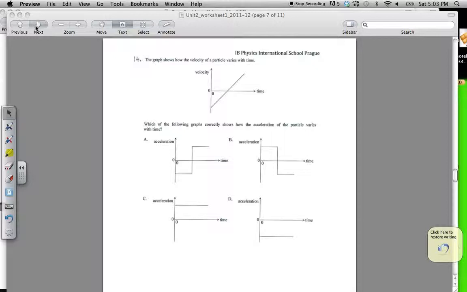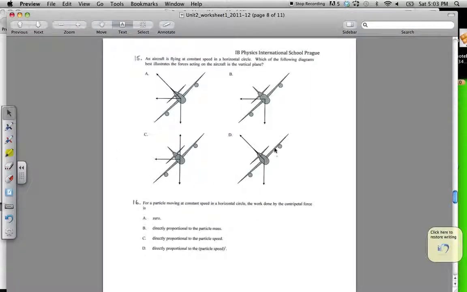Okay, next page. Here we have an aircraft flying at a constant speed in a horizontal circle. Which of the following diagrams best illustrates the force acting on the wings of the airplane?